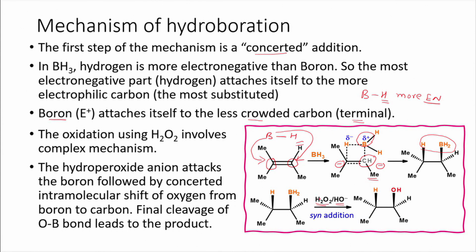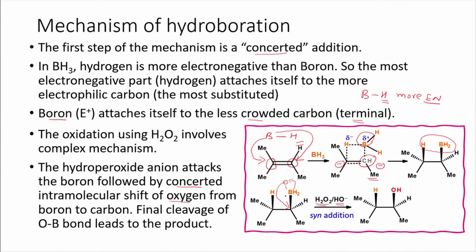This hydroperoxide anion attacks the boron, followed by a concerted intramolecular shift of oxygen from boron to carbon. So, when we look here, the hydroperoxide anion attacks this boron, then the oxygen shifts from boron to carbon.